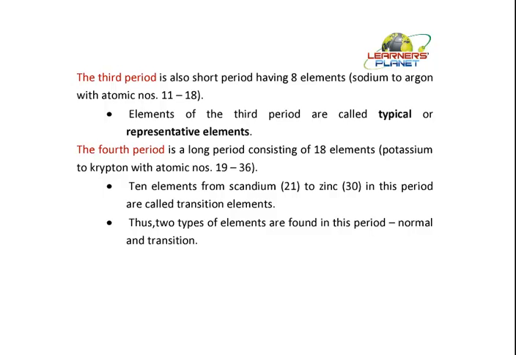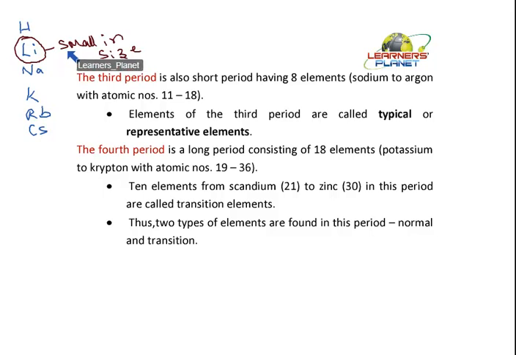If I take the very first group, that is hydrogen, lithium, sodium, potassium, rubidium and cesium. Now in this case, students, lithium is the first element, and it is very small in size. So as it is small in size, it shows what? Anomalous behavior.